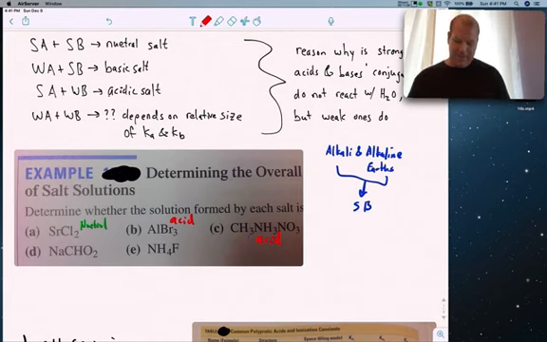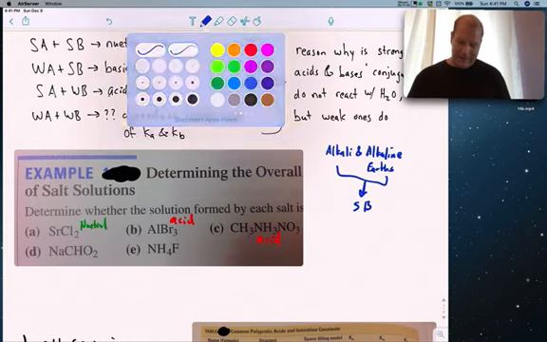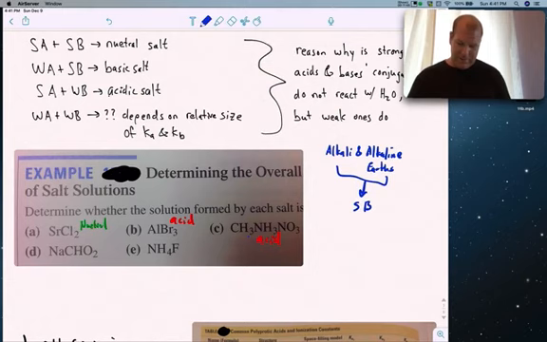Sodium formate, we even did an example of that just before. It turns out that strong base sodium hydroxide and weak acid formic acid, this is going to be a base. That's going to be an alkaline salt. So you're seeing that in this case, the weak acid and strong base. Then ammonium fluoride, that's from ammonia, a weak base, and hydrofluoric acid, a weak acid.